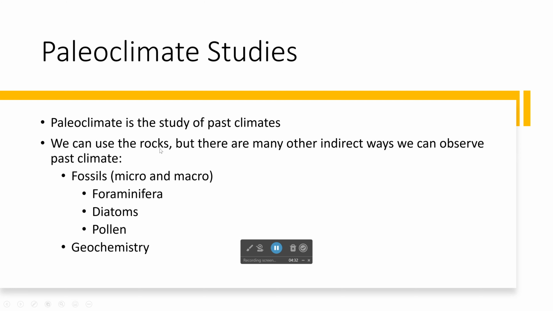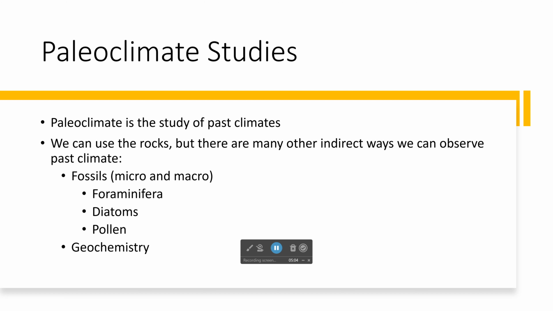There are other ways to study paleoclimate, and this is actually one of my favorite subjects. Paleoclimate is the study of past climates. As you saw, we can use the rocks themselves, but there are many other indirect ways we can observe past climates as well. We can look at the fossils, both micro and macro fossils. For instance, there is evidence of plants and land life at the time in the Triassic. You can also look at microfossils to see what kind of temperature waters were.